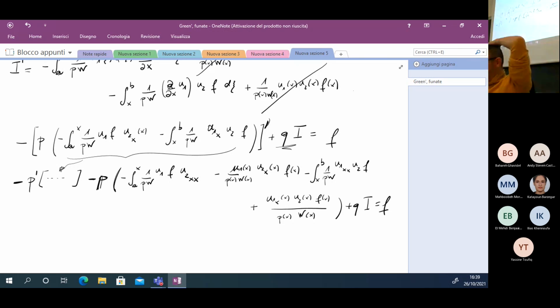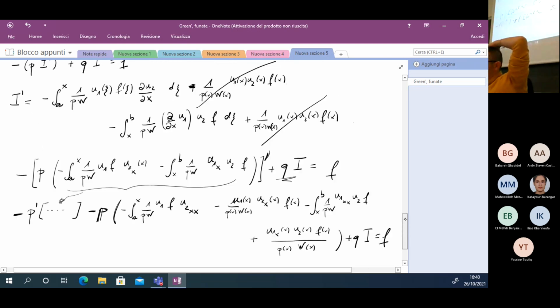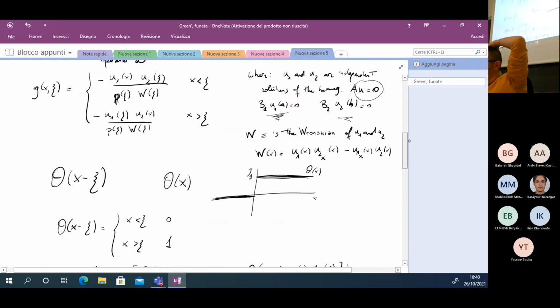We have almost done, guys. Now, what I have to do is to use the fact that u1 and u2 are supposed to be solutions of the associated homogeneous problem with the two different boundary conditions, the things that we have written here.